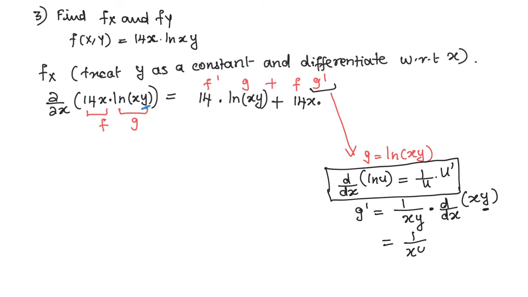So it will be y times the derivative of x, right? So derivative of x is just 1. So you will end up with just 1 over xy times y, this y will cancel. So that is just 1 over x.